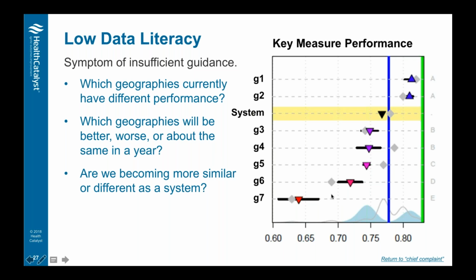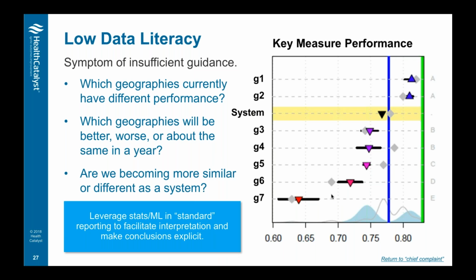So that is an example of how we can increase data literacy, not by running away from statistics and machine learning and standard reporting, but actually by embracing machine learning and statistics in our standard reports.